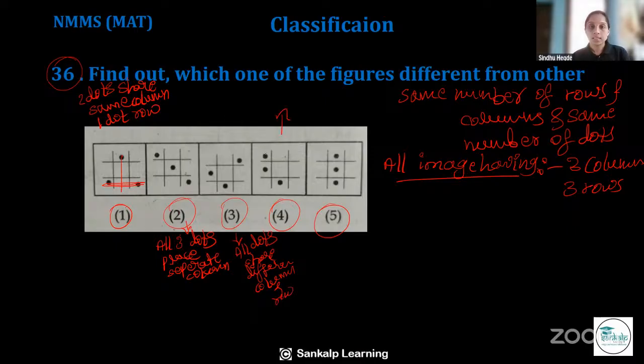Here, see these 2 dots: they come under the same row. 2 dots share the same row, and one dot is placed in a different row. Then come to the fifth one. 1, 2 and 3, 3 dots are there. Here all 3 dots are in different columns.